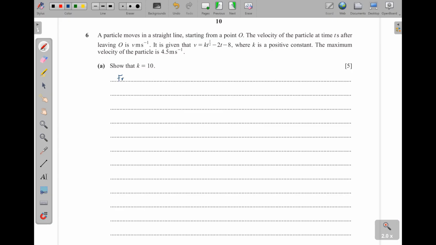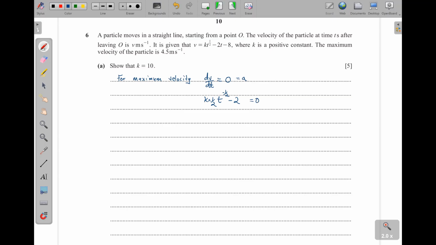Now for maximum velocity, that means you cannot accelerate any further, okay? So the rate of change of velocity is equal to 0, which is your acceleration. Now we are going to differentiate. What is dv dt? Drop the power, then reduce it by 1, so you get negative a half, then minus 2 here. This one you equate to 0.